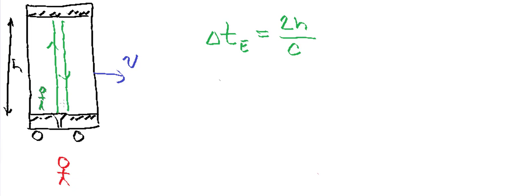But the train is going to travel along the tracks with some speed v. I may be too cheap to pay to see the clock, but I'm not too cheap to stand along the side of the road and watch the train go by. Note that Einstein says that the time for one tick of the clock, the time elapsed, delta t sub e for Einstein, is just going to be 2h over c.